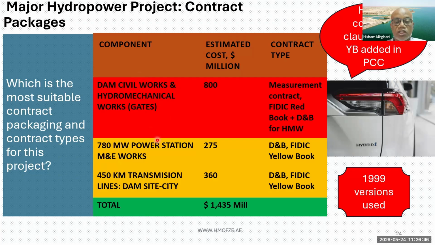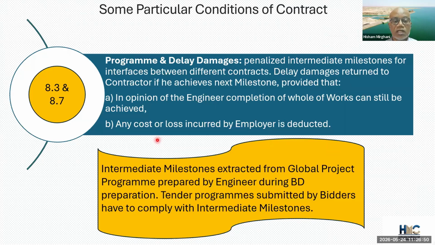So there has to be coordination between these two contractors, and this was done via clauses 8.3 and 8.7 in the particular conditions. So basically, during the preparation of the bidding documents, the engineer would prepare an overall project program with all the contracts there, specifically the civil works contract as well as the turbine contract.